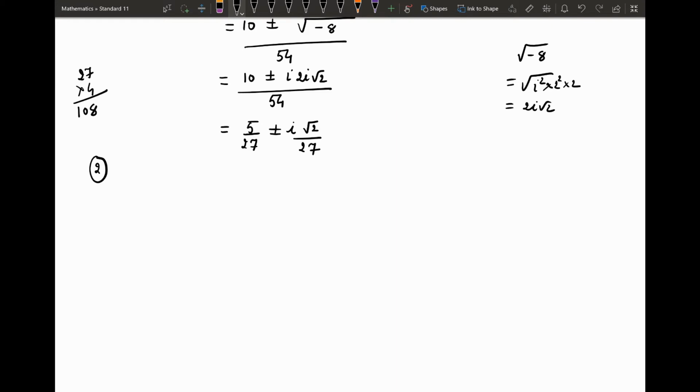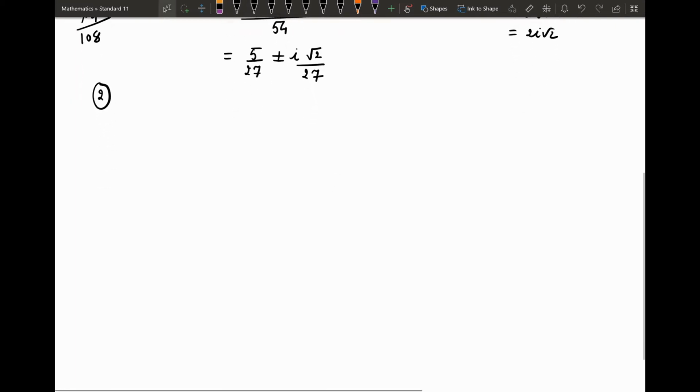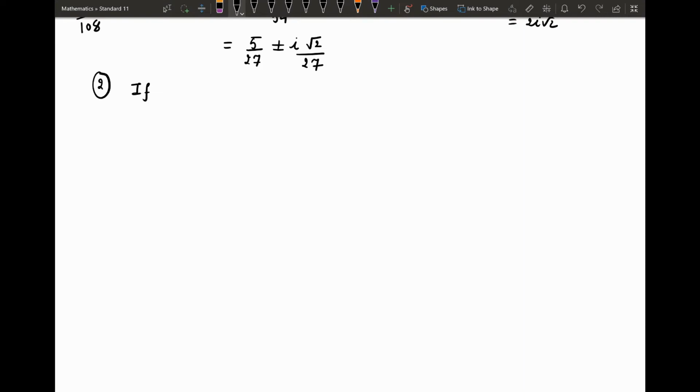Second example. We have been given complex numbers z1 and z2.